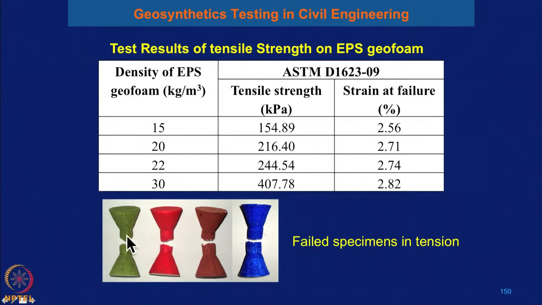Here you can see, for different densities, the different types of failure patterns of the specimen in tension. So, you can have an idea of the different densities and the type of failure pattern, and in most cases the failure of the sample has occurred at the middle of the sample.